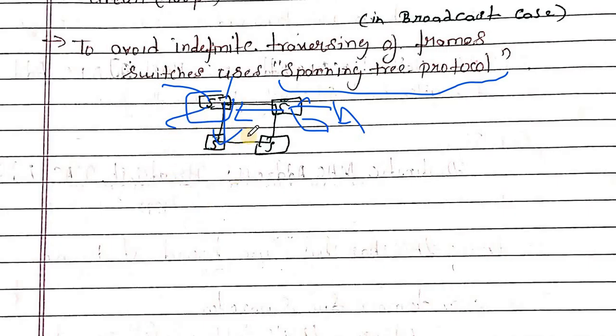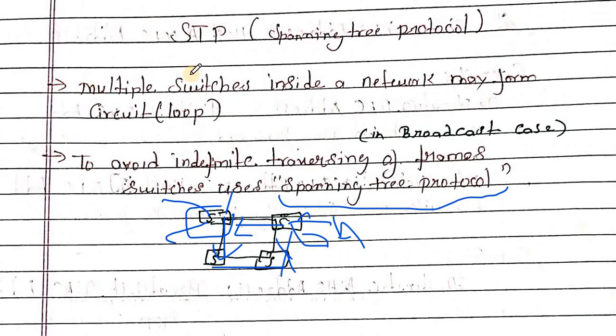Then the same thing: if no MAC address matches the frame's destination MAC address, it again transfers it. If this happens round and round again and again, to avoid this looping, we use the spanning tree protocol.